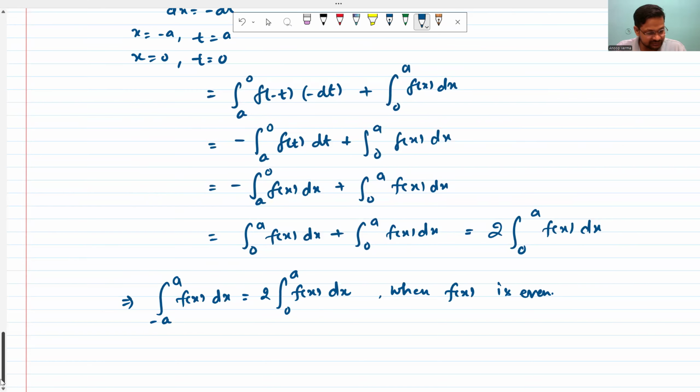So this is some periodic function property, the sixth property.